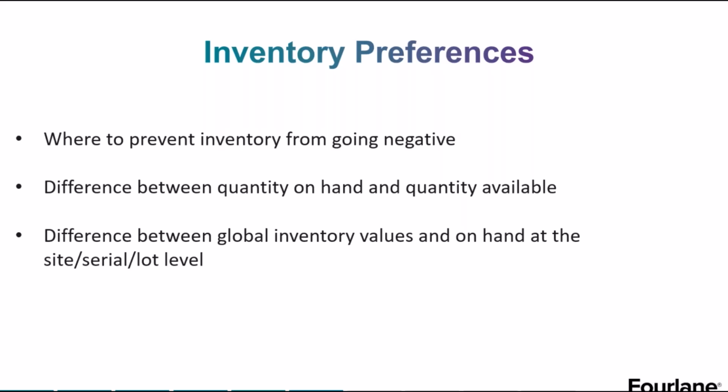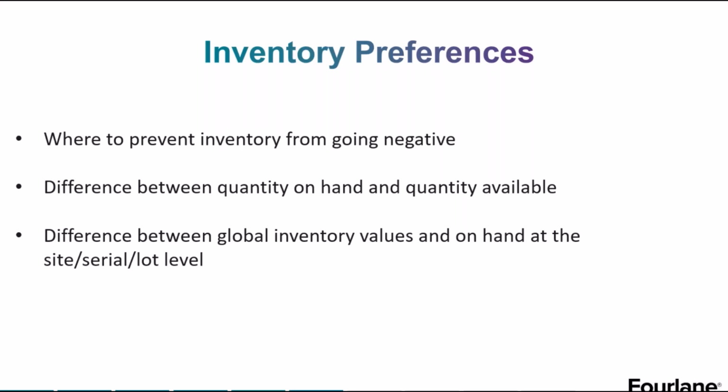Some other things to consider when talking about inventory quantity on hand is the difference between a global inventory value and an on-hand value at possibly a site, serial, or lot number level. Again, in QuickBooks, we've got those advanced inventory features to help us get some more detailed information on our inventory tracking, and QuickBooks does differentiate between the two.